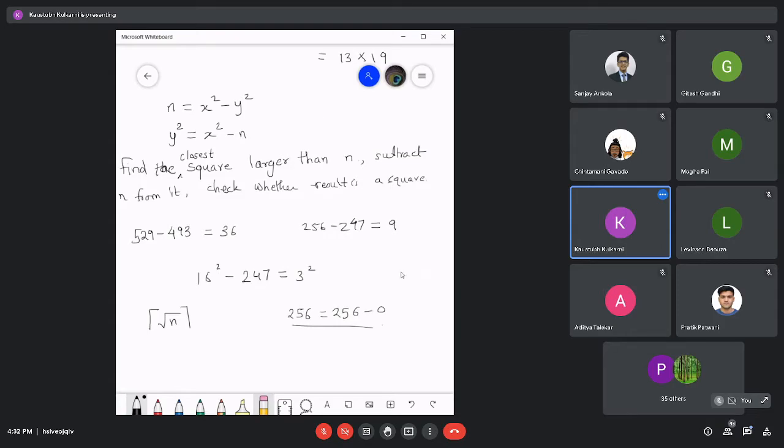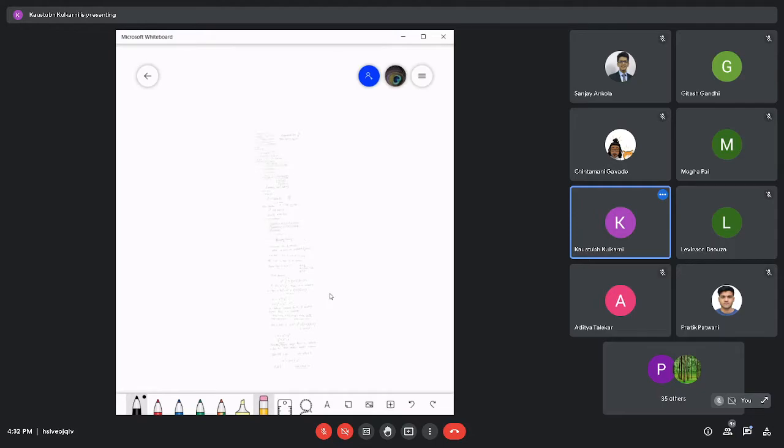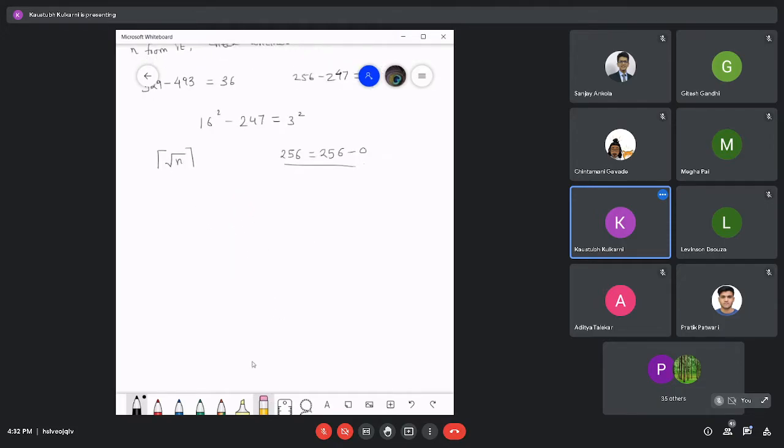So okay. So this method is also called Fermat factorization. Okay, Fermat factorization is also called that.